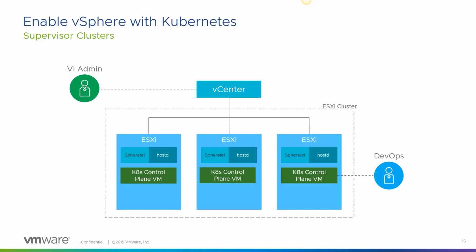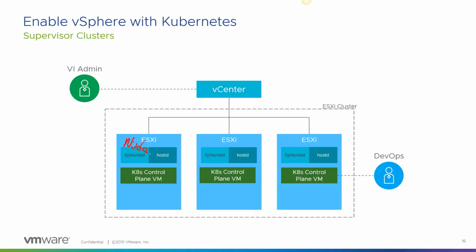Okay. We also install onto each of those hosts something called a spherelet. You guys remember kubelet? The kubelet we said is kind of like the Kubernetes agent running in the Kubernetes node, right? So we essentially turn this ESXi host into, for all intents and purposes, a worker node by installing a modified version of kubelet called spherelet.